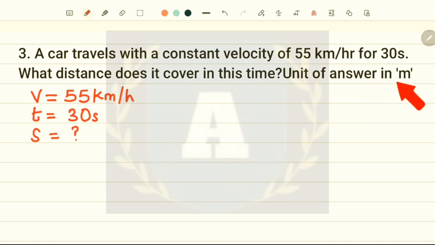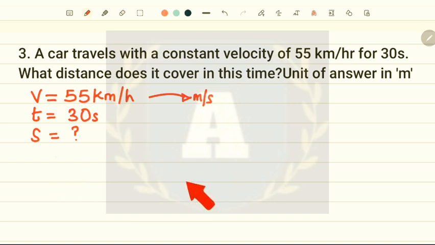The units of the answer should be in meters. So they want our answer to be in meters, so we have to do conversions. This 55 kilometers per hour should be converted to meters per second. How do we convert from kilometers per hour to meters per second?